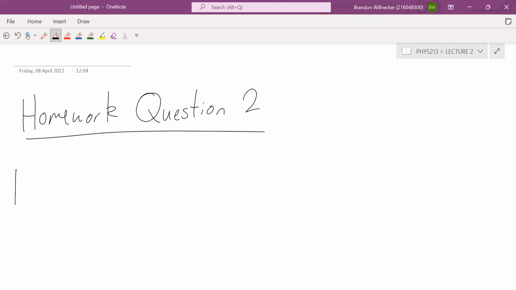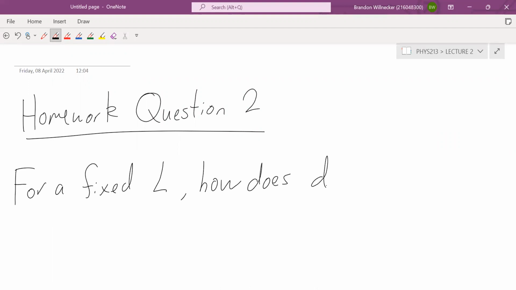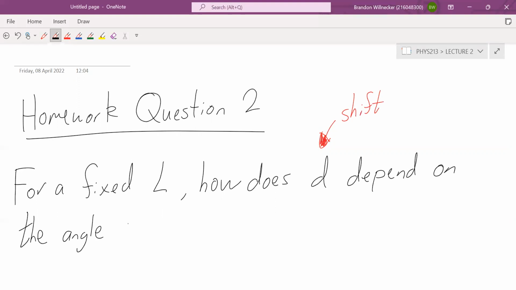So for a fixed L, the size of the block remains the same, how does our shifting distance D, remember this was the shift, how does the shift depend on the angle of incidence? That was θ1.